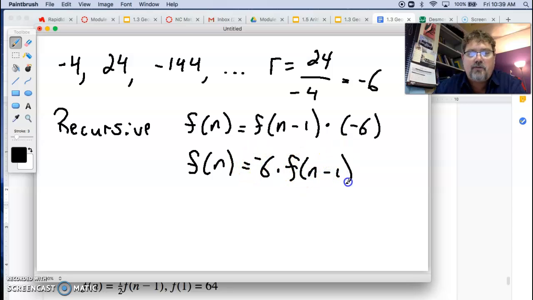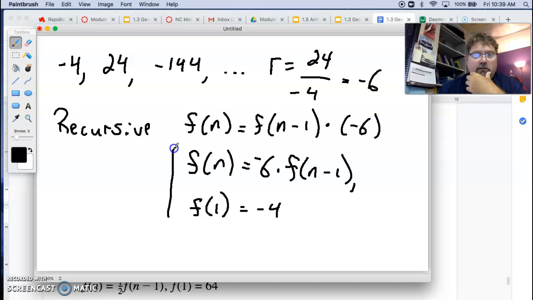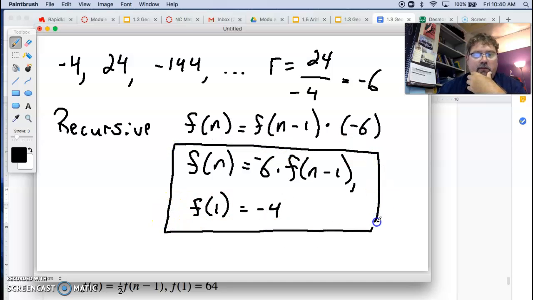And I think that's the way I wrote it in the notation. Then we got to say start with f of 1 is -4. And that's your recursive form. And usually I wish I had put that in one line, but what it says is -6 times the previous term gets you to the next one. Let's see if that works. -6 times -4, 24. 24 times -6, -144, and so on.